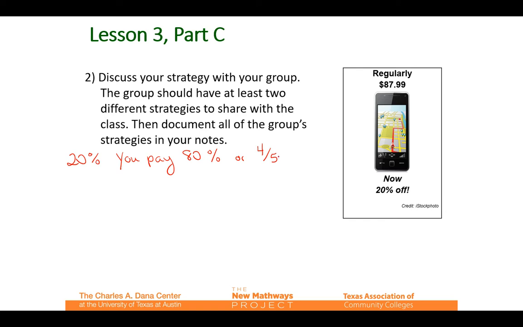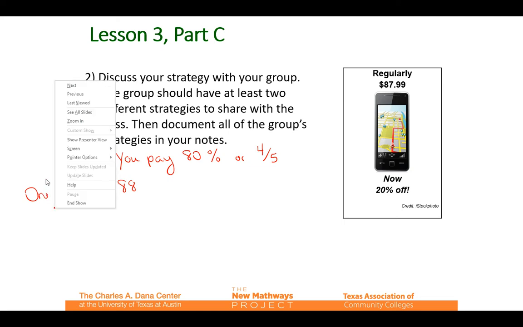Now, another way that you can do problems like this is you can say, look, the phone cost $88. What is 1/10? Let's see.